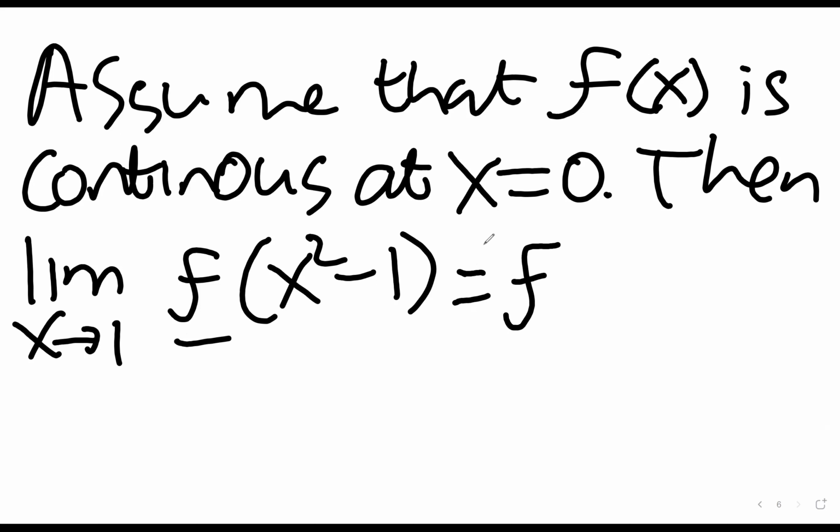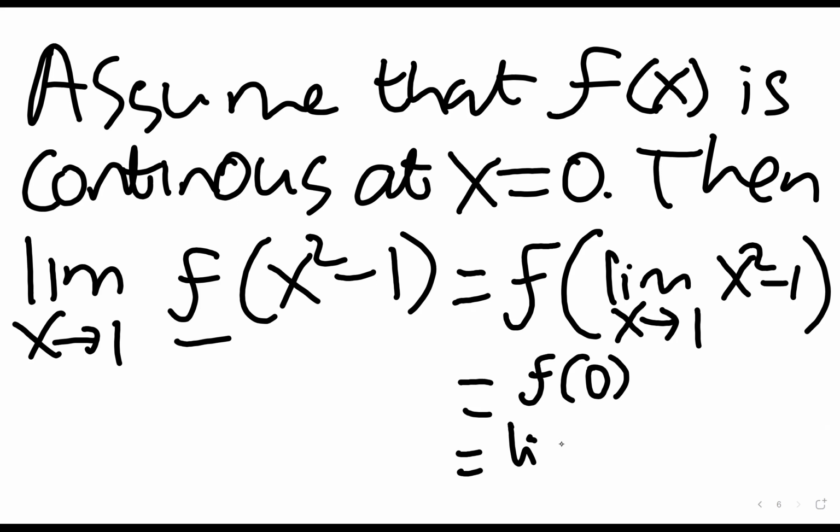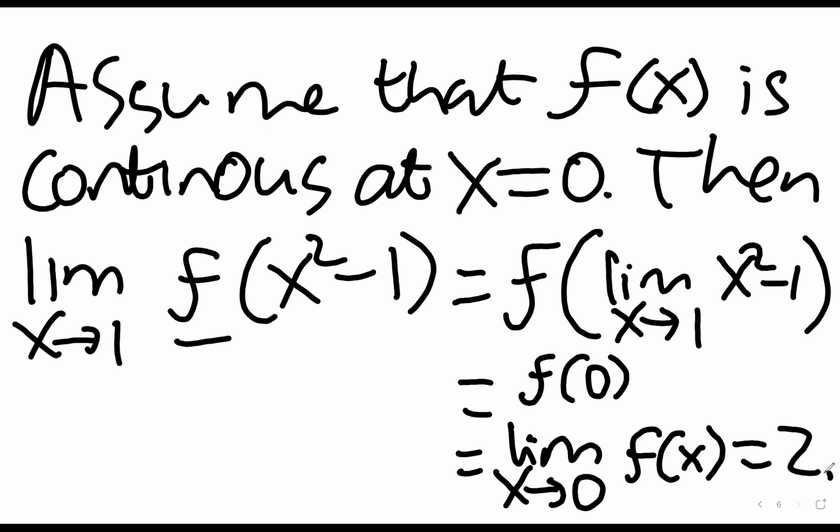So I will have f of the limit as x tends to 1 of x squared minus 1, which equals f of 0. And f of 0 equals the limit as x tends to 0 of f of x, and previously we found the value is 2. Any question or comment?